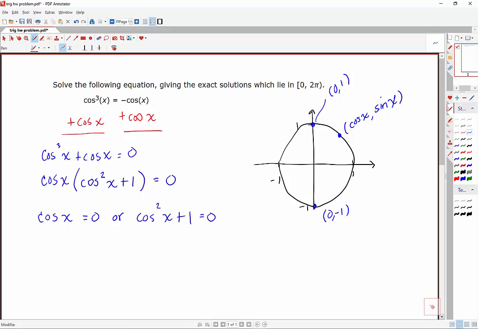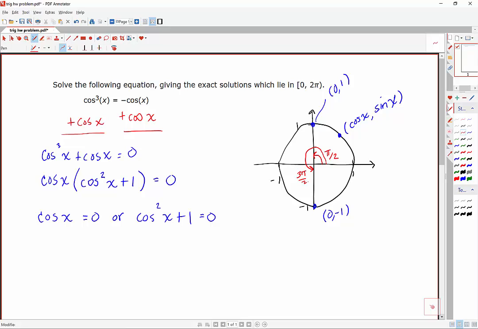Now we just need to figure out what those angles are. So this angle here is pi over 2, and the other angle is 3 pi over 2.